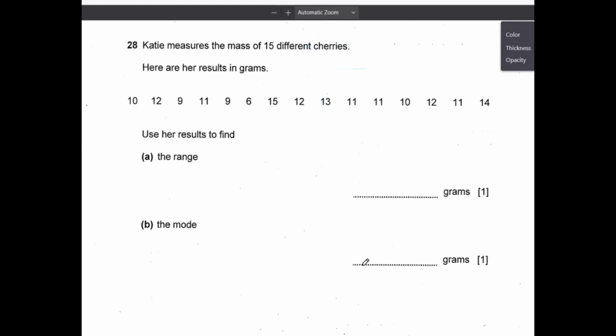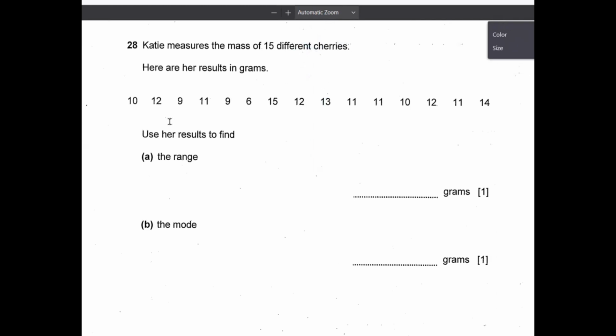Question 28. We say Katie measured the mass of 15 different cherries. Here are her results. Use the results to find the range. We know the range is the difference between the highest score and the lowest score.